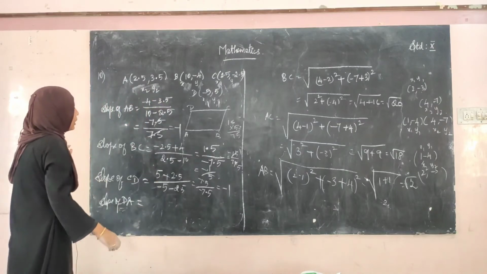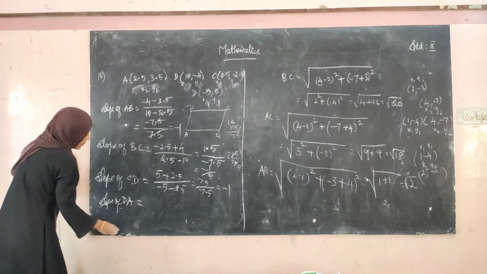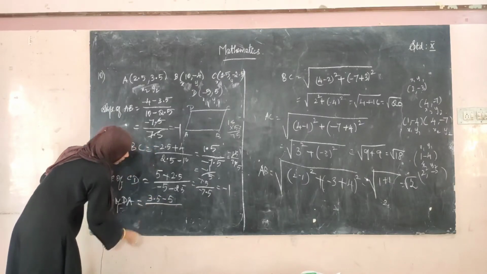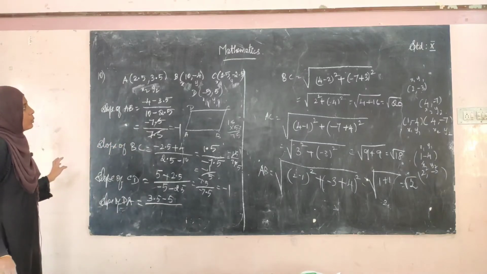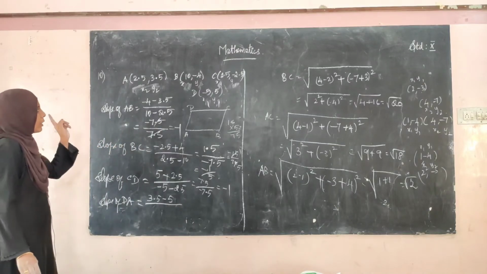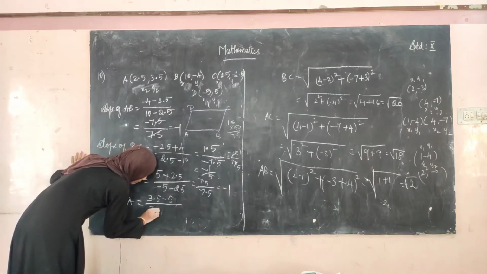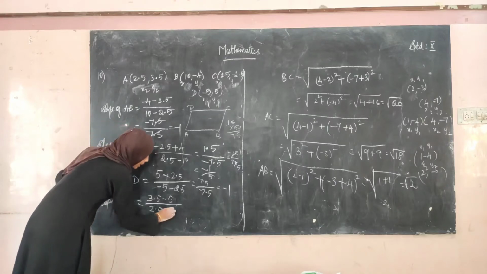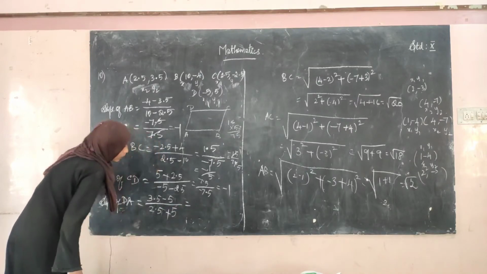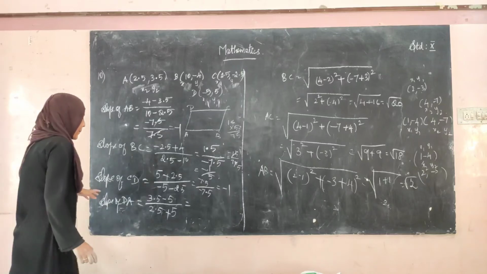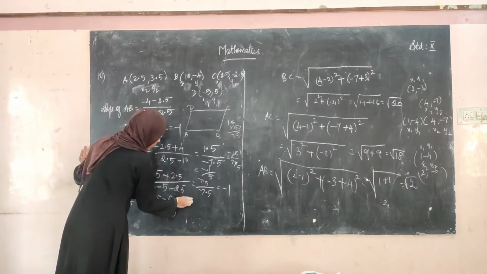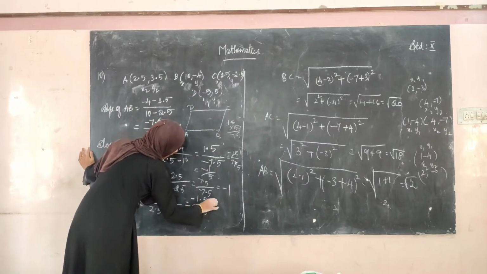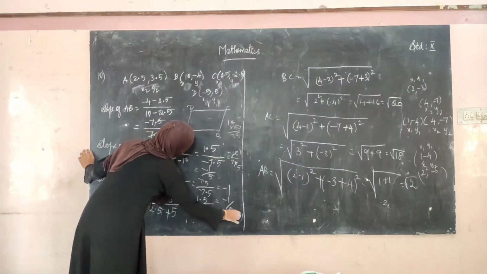So y2 minus y1 is 3.5 minus 5, right? 3.5 minus 5 divided by x2 minus x1. x2 is 2.5 minus, and again it is minus 5. So minus of minus becomes plus, equal to, it is minus 1.5, right? Minus 1.5 divided by 7.5. Again it is equal to minus 1 divided by 5.